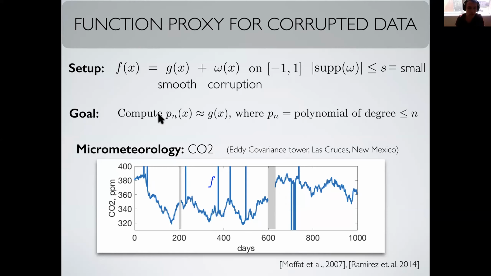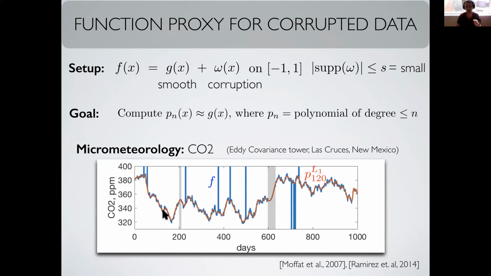So you could imagine g is this smooth underlying function, and omega is this corrupted function that's corrupting the smooth function. And this is what the best L1 approximation gives you. It is, in some sense, recovering a good approximation to this smooth function because of the way it localizes error, as I will explain.